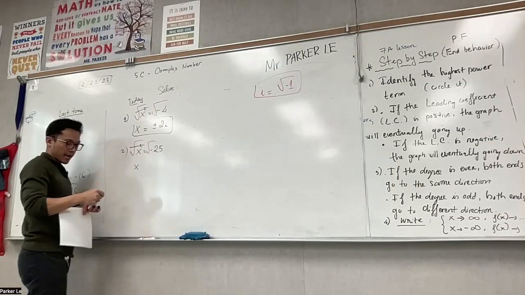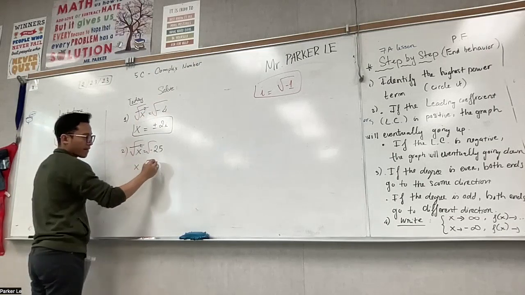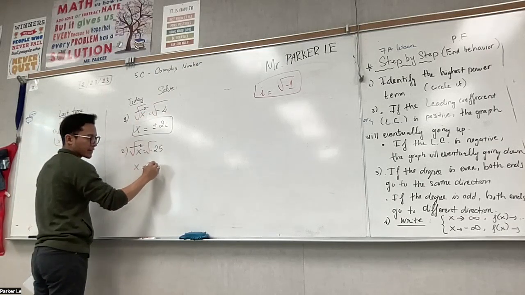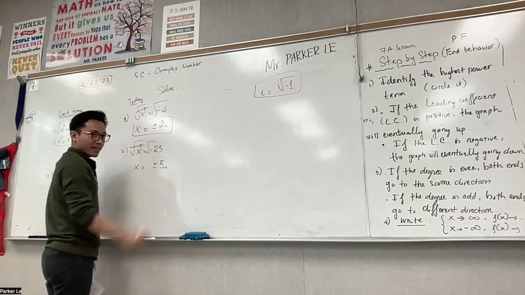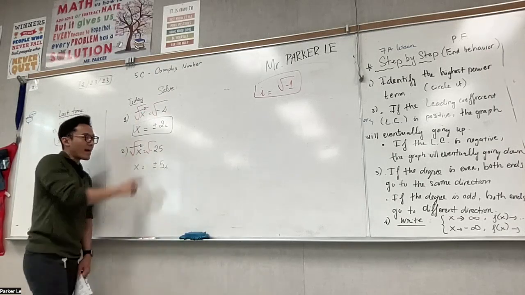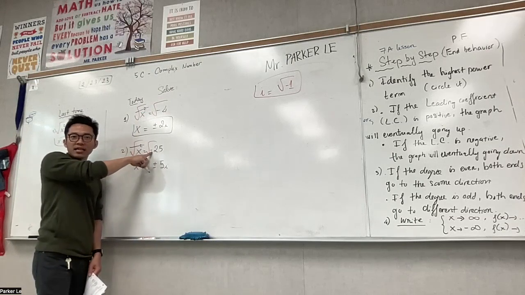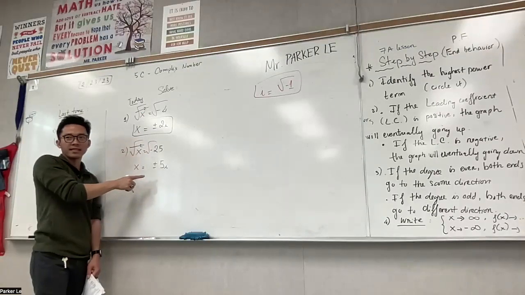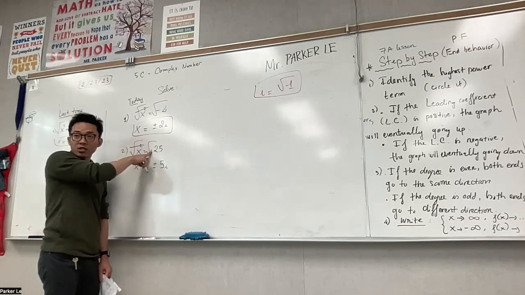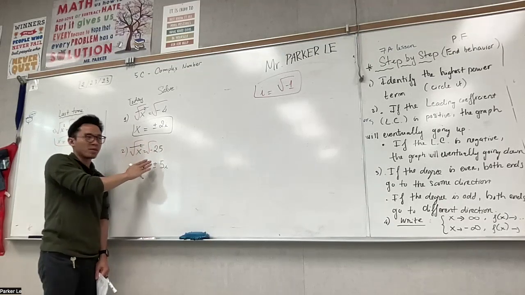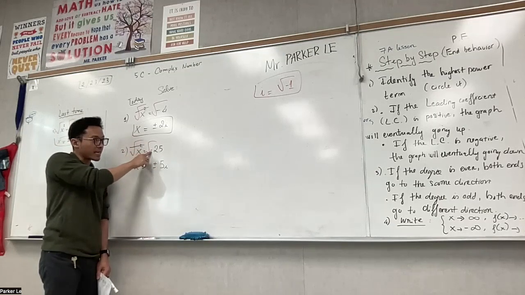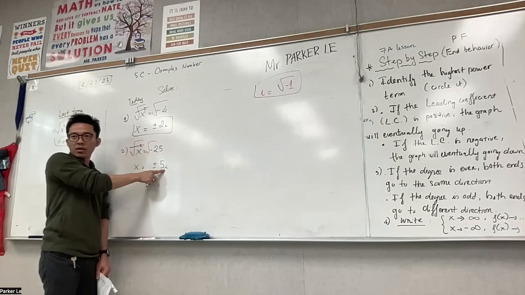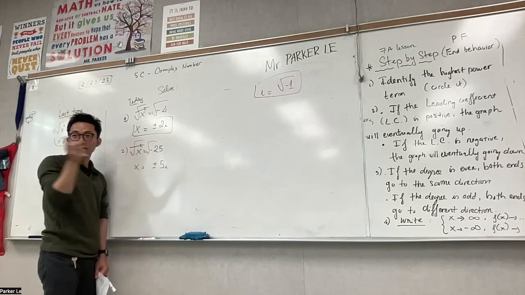What do we have on the right side? 5 times i. Every time you see a negative inside a square root, there will be an i. Just remember that. If you see a negative inside a square root, just do it like normal. Square root of 25 is fine. But because there's a negative inside the square root, just put an i. That would be it.